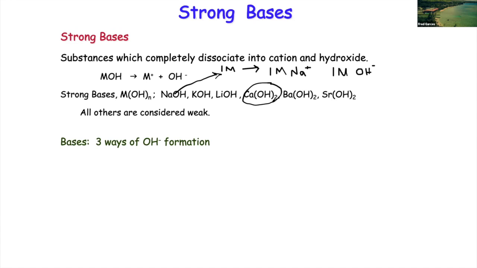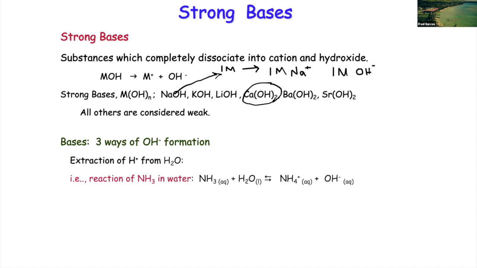A lot of my students in Chem 201 just assume that 1 molar calcium hydroxide will give you 1 molar hydroxide. Don't make that mistake. You have to look at the formula. You have to realize that for every 1 calcium hydroxide, you get 2 hydroxide. Okay, so that's strong base.